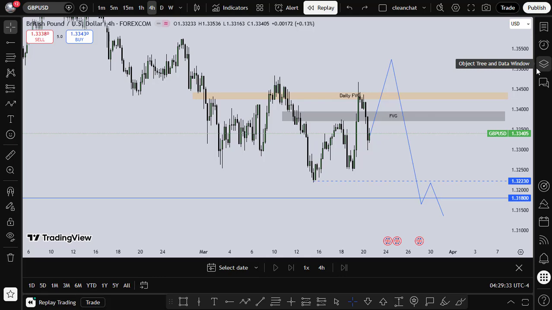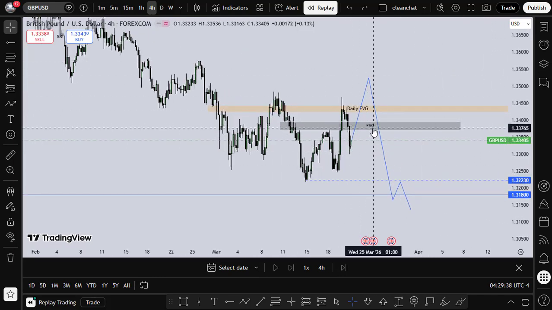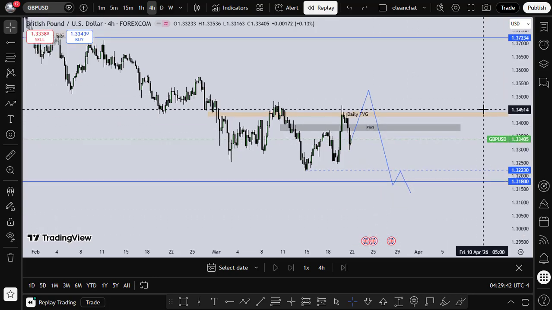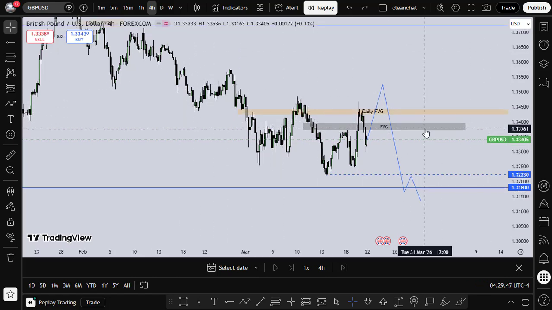That's my anticipation, or price might respect this fair value gap and then keep going lower. So right now I'm neutral on both pairs, GBP and Euro USDT, but we'll see the week ahead to see what will unfold.